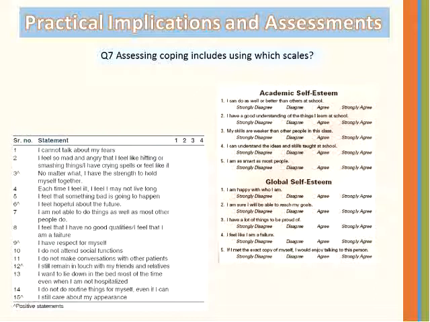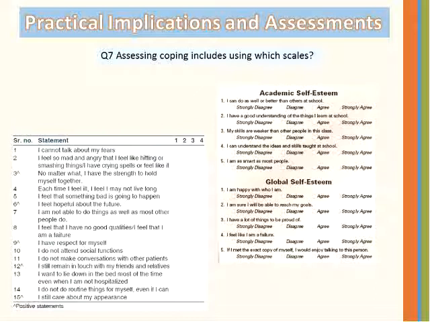So the instrument measures general disposition to cope in particular ways. It yields scores for task-oriented coping, emotion-oriented coping, and avoidant coping, which is subdivided into distraction and social diversion.